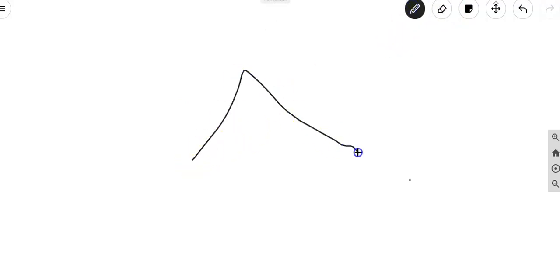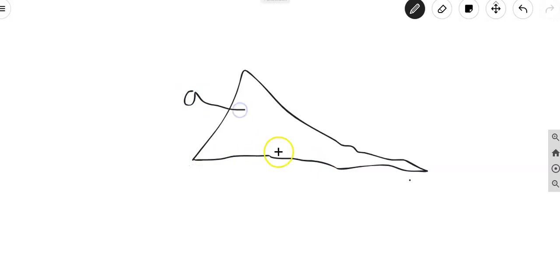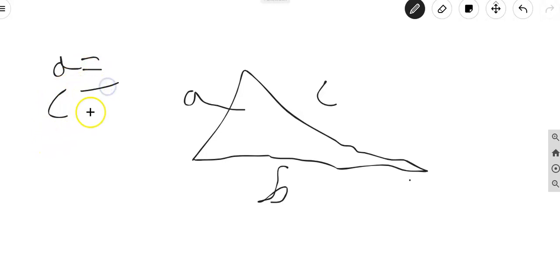Like, let's say this sort of triangle. Let's say that this is A, this is B, this is C. So you see, here there are three variables, but it's possible to find them out if we know the value of one variable.